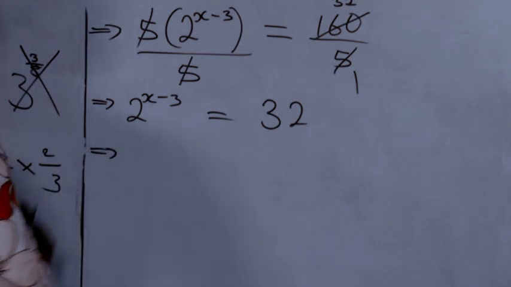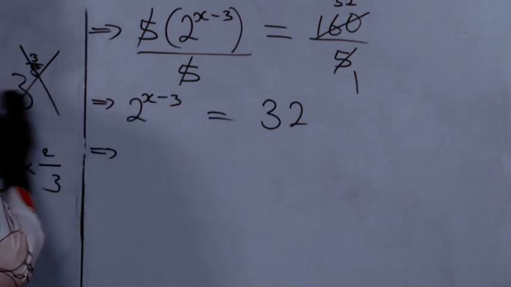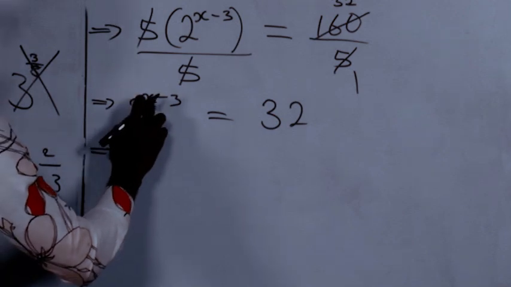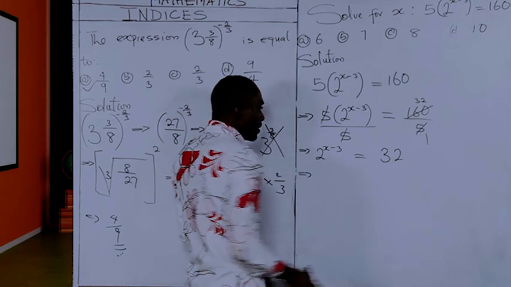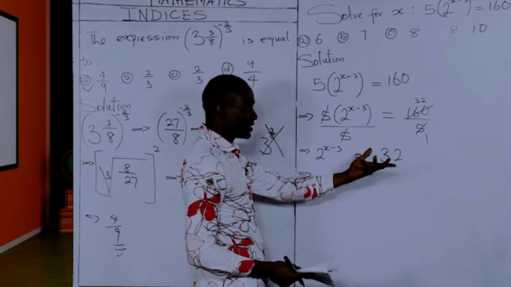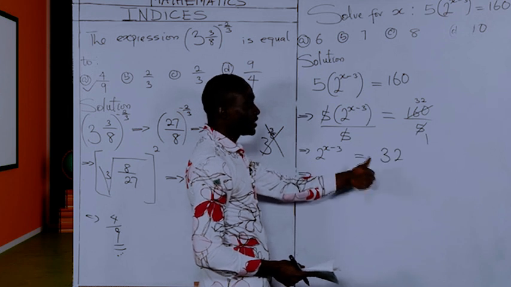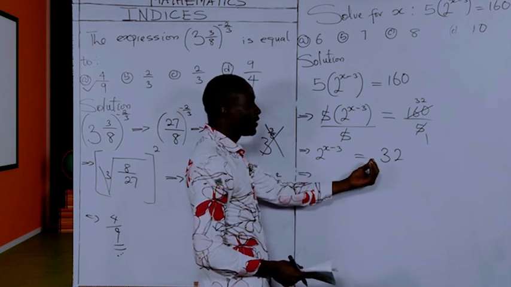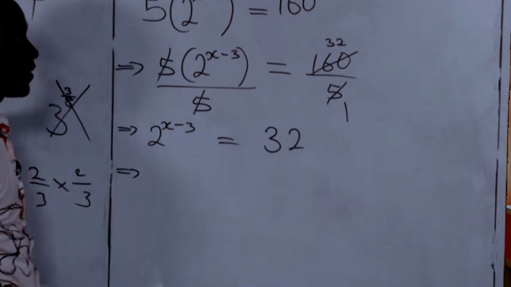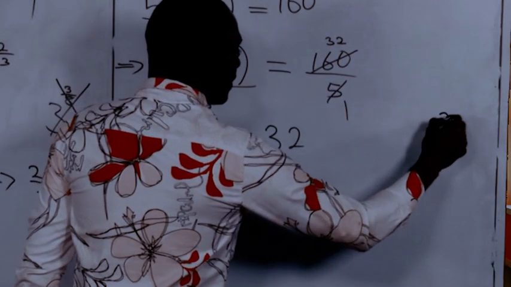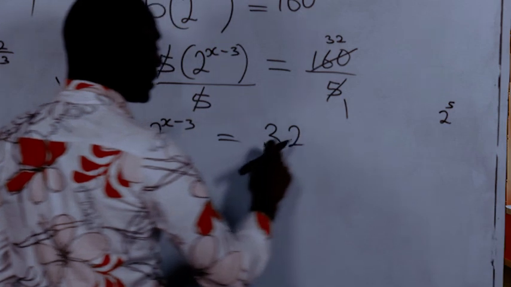This is the base on the left hand side, 2 raised to the power. I can as well express this 32 in index form, which gives us 2 raised to the power 5. 2 raised to the power 5 equals 32.